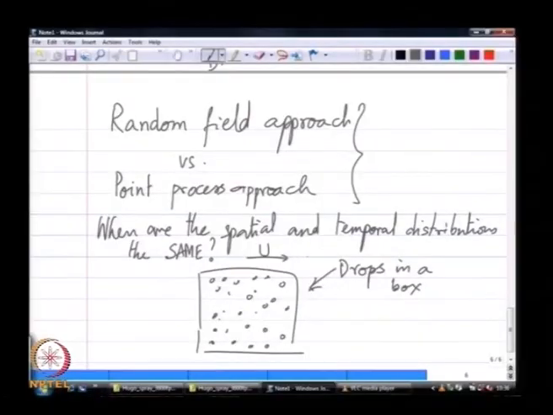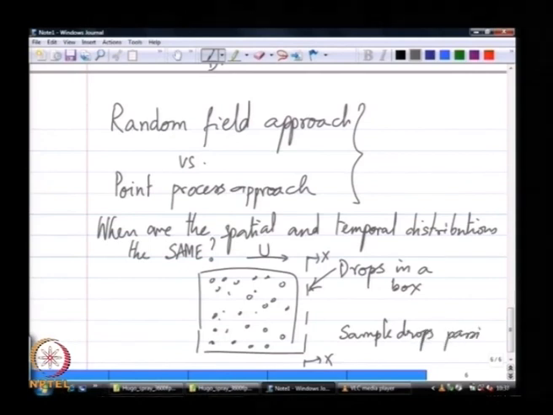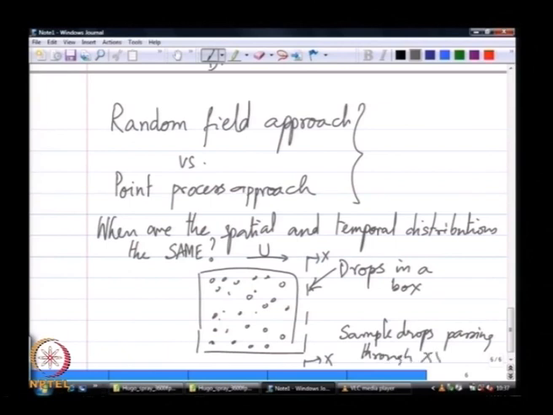Then if I had a way of staying at this location, I will call this x, sample drops. So, I am not sampling drops at a point, but I am sampling drops passing through a certain cross sectional area, and this is also possible, measurable and quite routinely done.